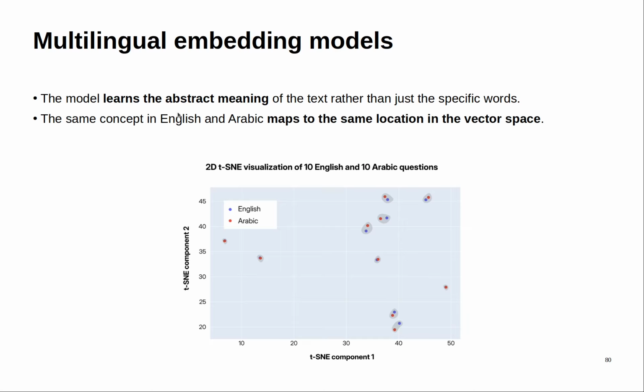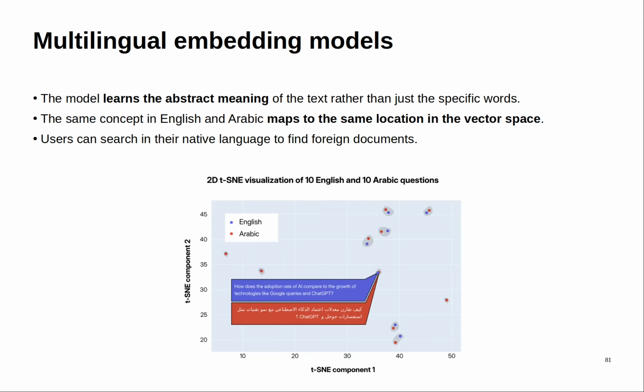The blue dots are English questions and the red dots are Arabic questions. You can see the questions are clustered together based on the topic, not the language. And this is what I am showing you here. Here we have 2 points. They are very close to each other. If you calculate the distance between them, you will get 0.00 something. And here I am showing the question and the translation.